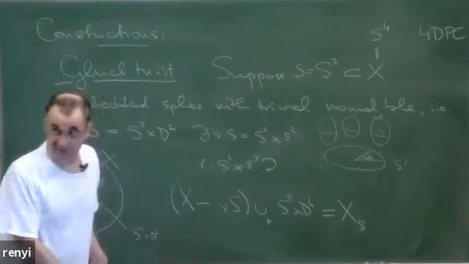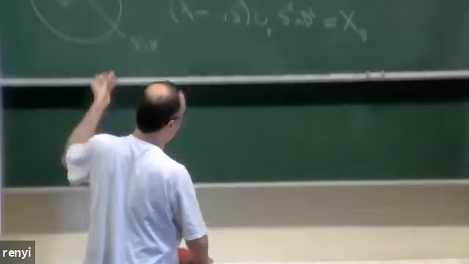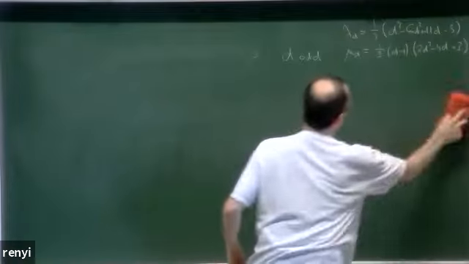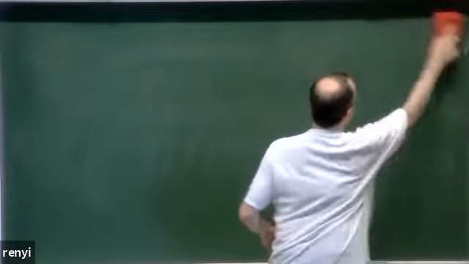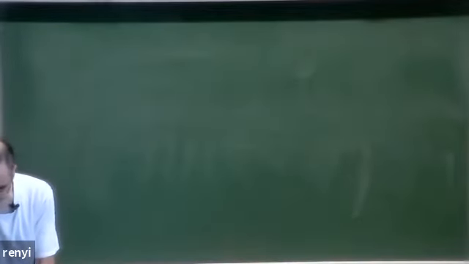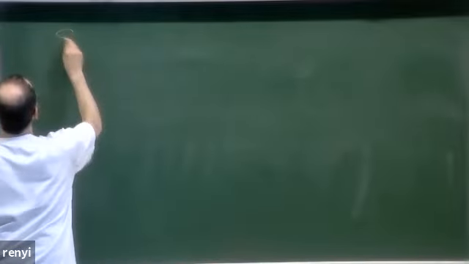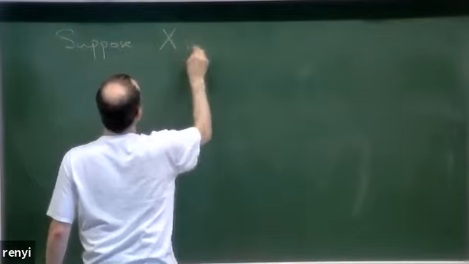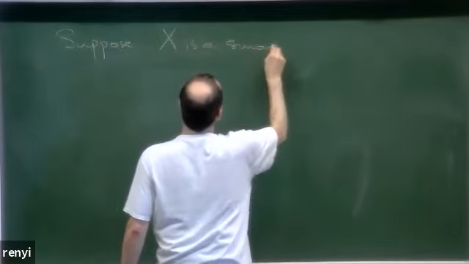Now I hope it's visible what I'm writing. So the next one requires a little more topology. Suppose X is a smooth 4-manifold, as always.